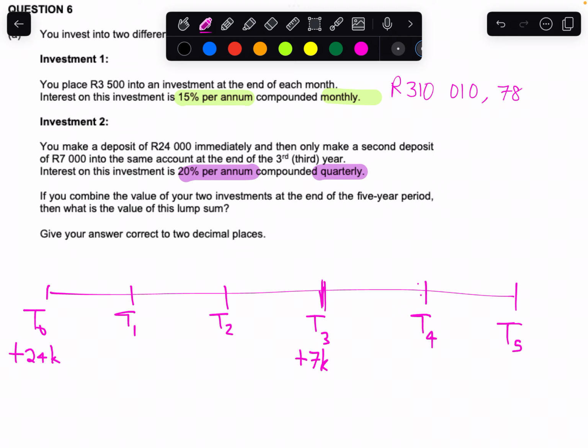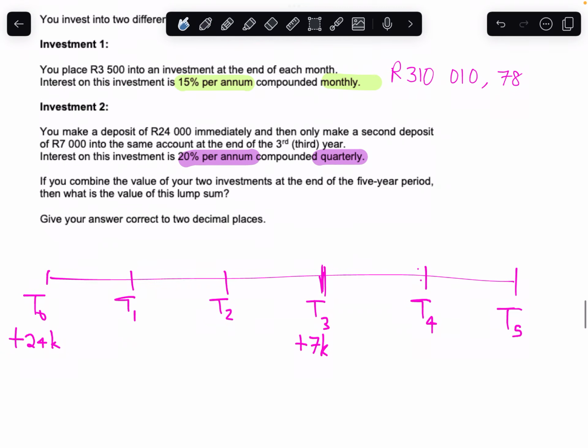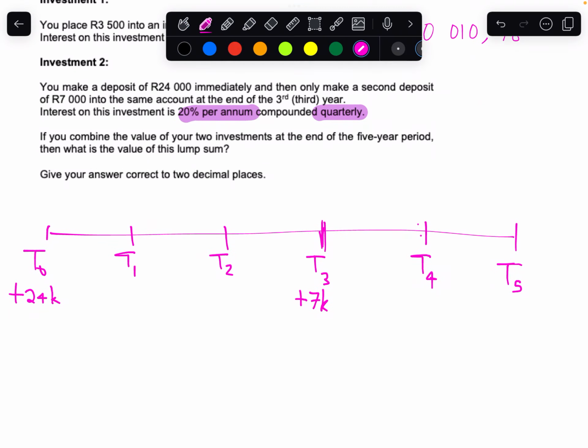So we need to work out how much this investment is going to yield. Again, we're going to look at how much this 24,000 Rand grows. It gets a full 5 years to grow, whereas the 7K only gets 2 years to grow.